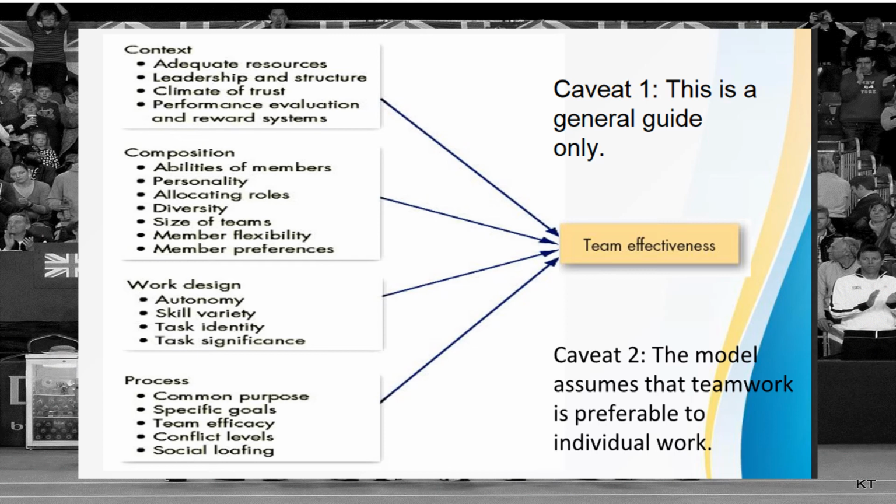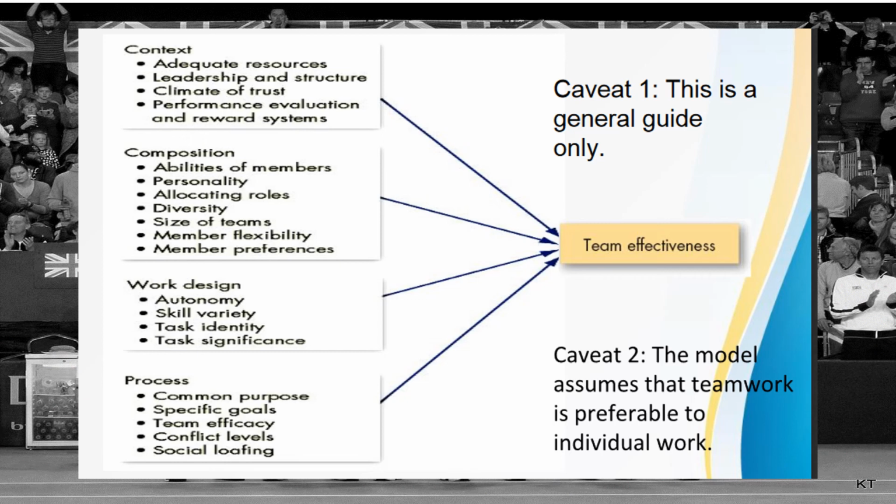Member flexibility and member preferences, again, things that need to be taken into consideration. And these are important because these are important to the motivation of the person doing the task so he achieves his objective in the most efficient and effective way. So this is important to motivational and humanistic behavioral theory.